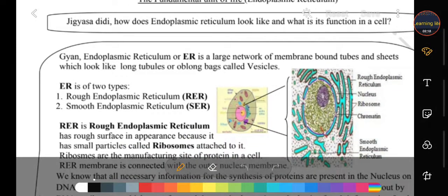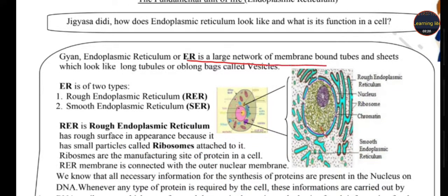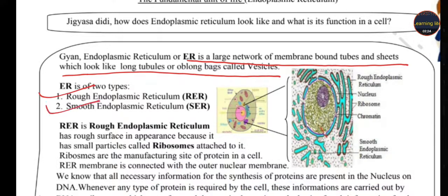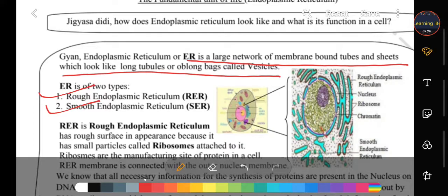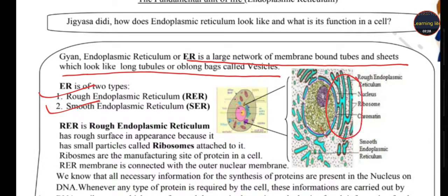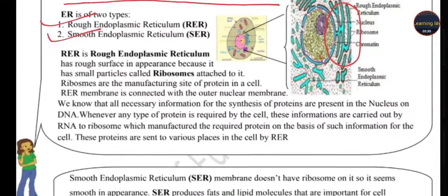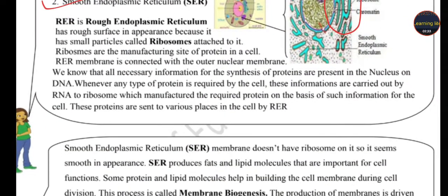So endoplasmic reticulum is a membrane bound network of tubes and sheets or vesicles. It is of two types, rough endoplasmic reticulum and smooth endoplasmic reticulum, as you see here. What is the difference between rough and smooth endoplasmic reticulum?